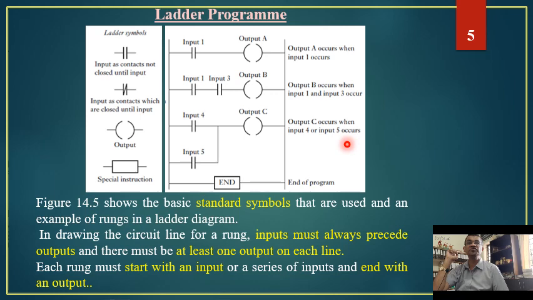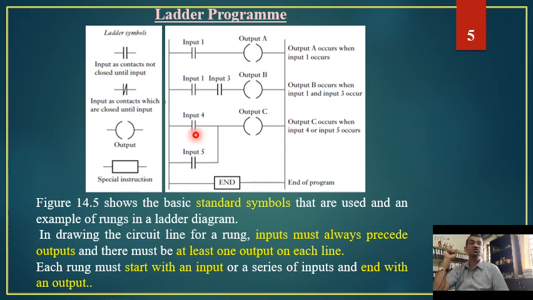Which clearly means that if any one of the two inputs, input 4 or input 5, occurs, then output C occurs. Now let us say that input 4 occurs whereas input 5 does not occur. If input 4 occurs, then the path of current will be from here to input 4, then to the output C, and then to the negative power rail. So output occurs.